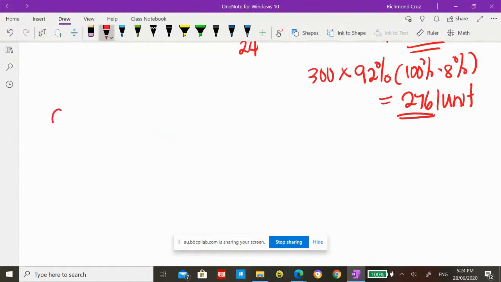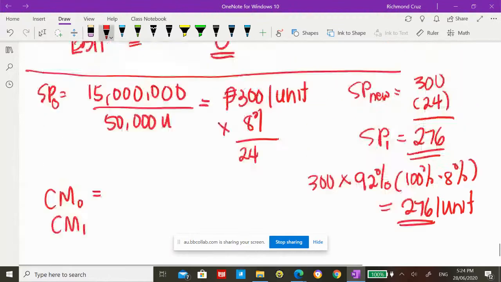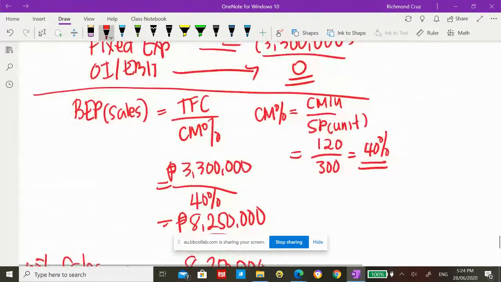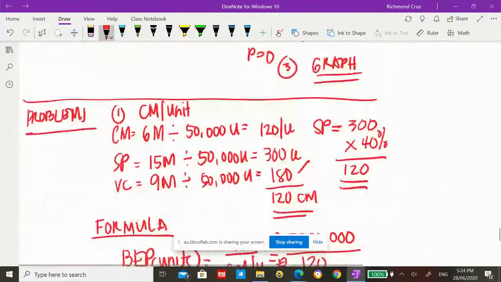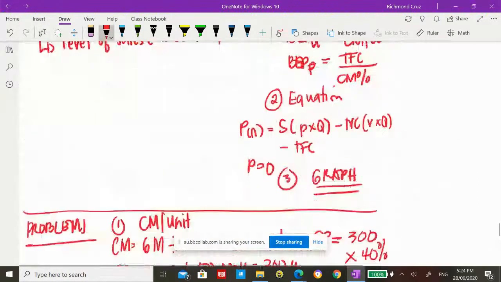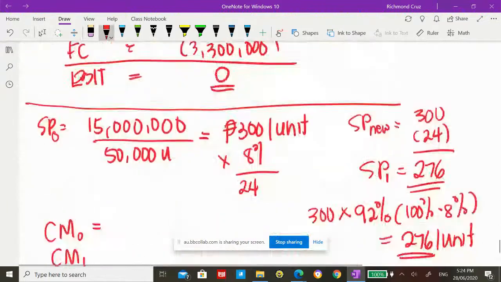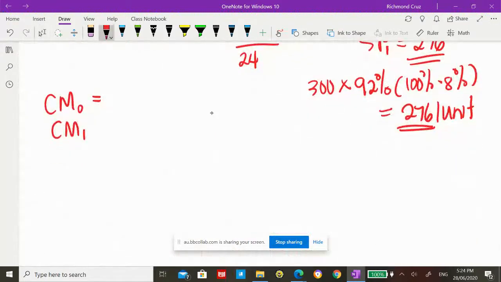So, therefore, our new CM, so CM1 yun, take note ang CM0 natin, that is yung previous contribution margin. So, that is 120. Tama ba? 120. Tama. So, CM0 natin o yung previous CM natin, this is 120. Ang new CM natin is 276 minus the variable cost, na wala namang changes.